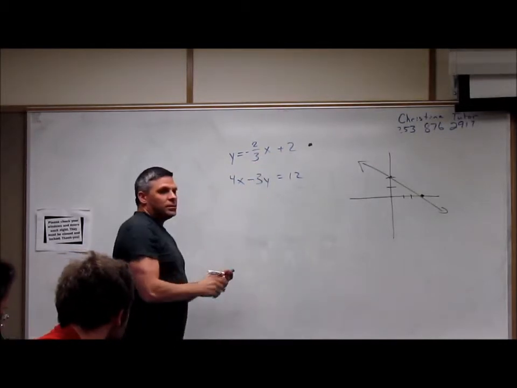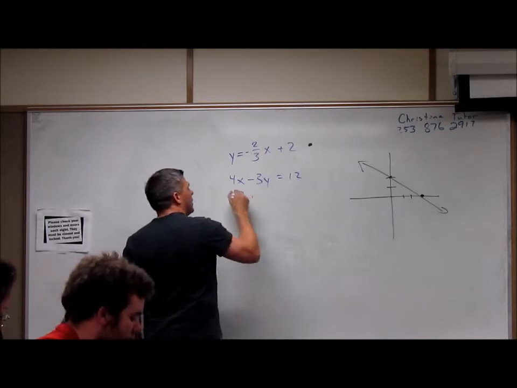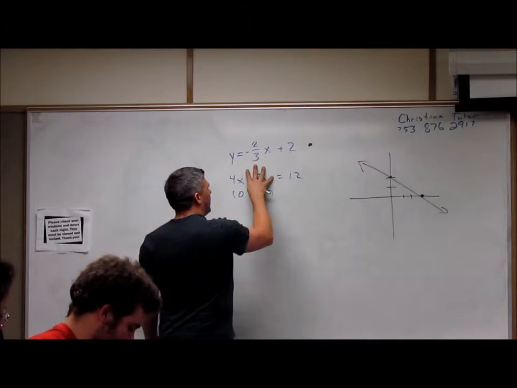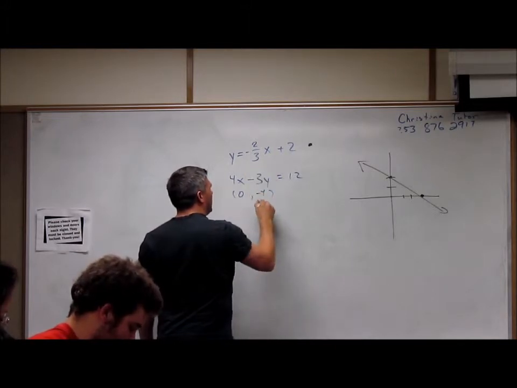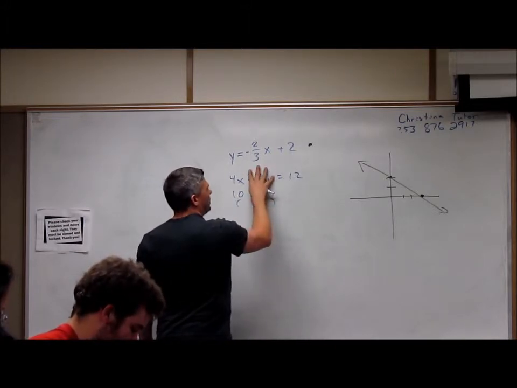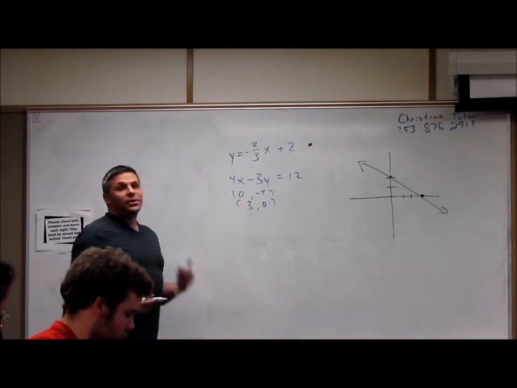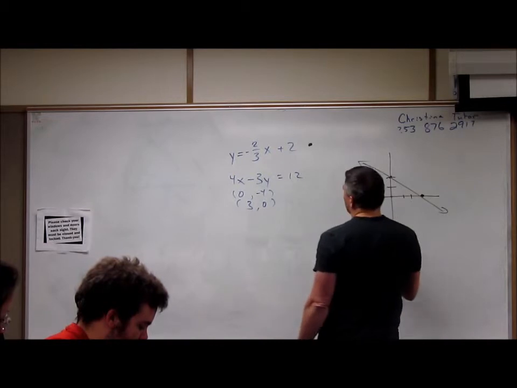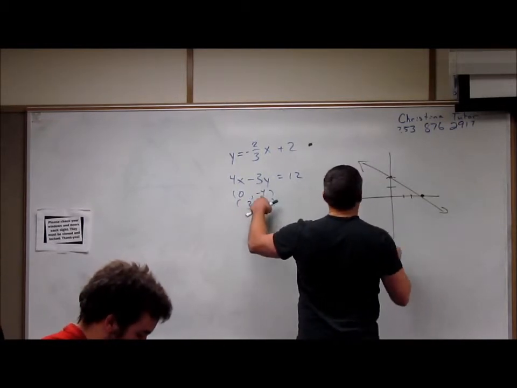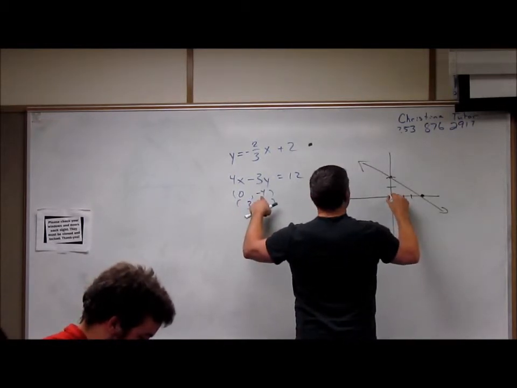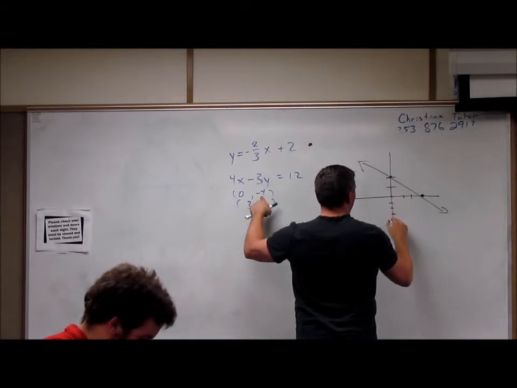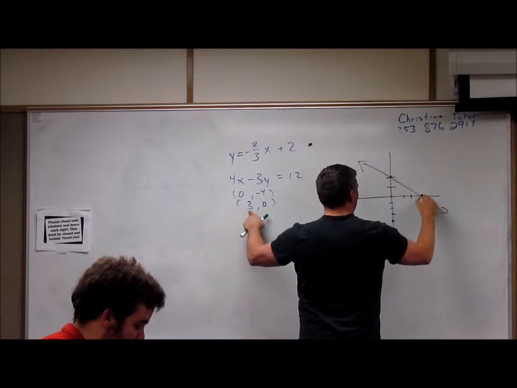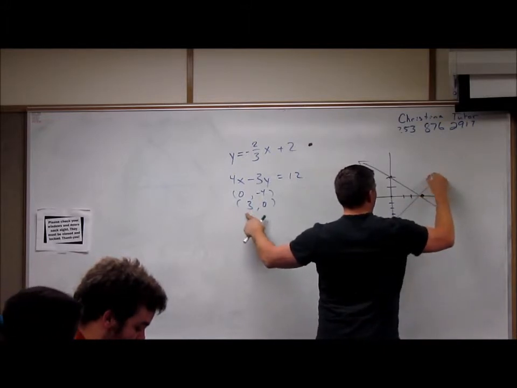This one tells me 0, negative 4, and 0, 3. And so I know those 2 points really quickly from my axis points. So I got 0, negative 4, so that's 0 in the x direction, negative 4 in the y. And 3, 0, 1, 2, 3. Okay.